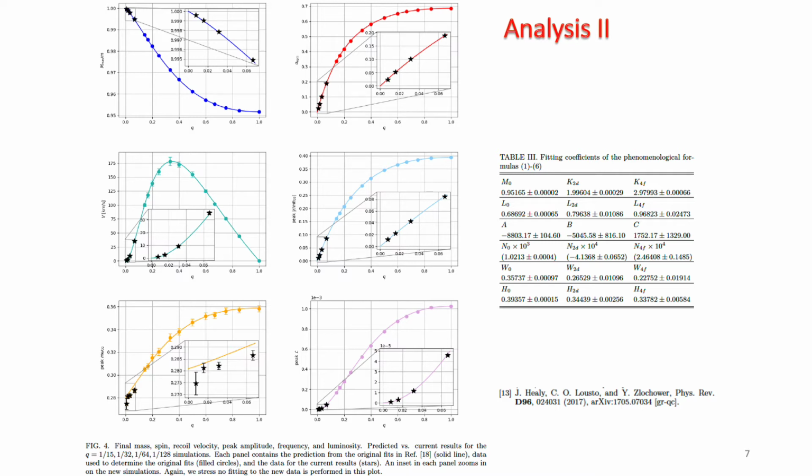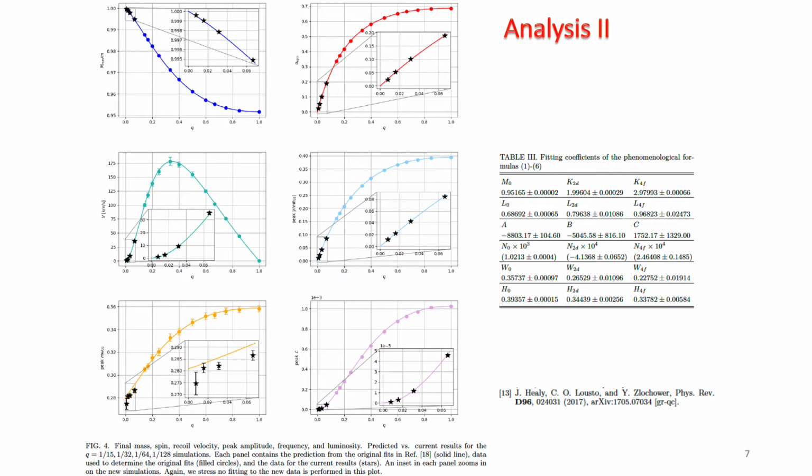So let me stress here that we use this fit on the blue dots and then extrapolate it to see where these lines would predict our simulations would be. So we haven't used our simulations for fitting here.